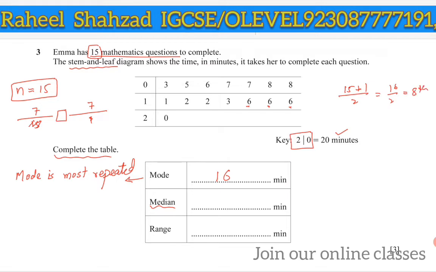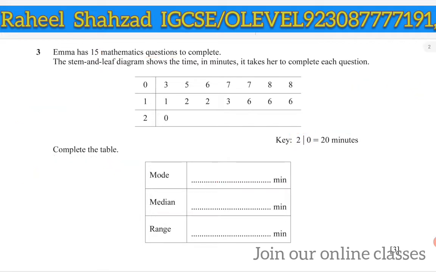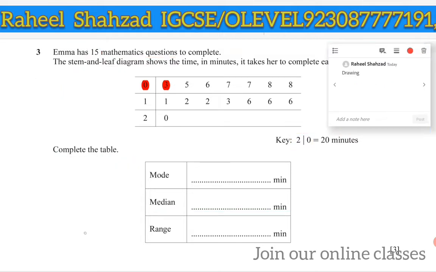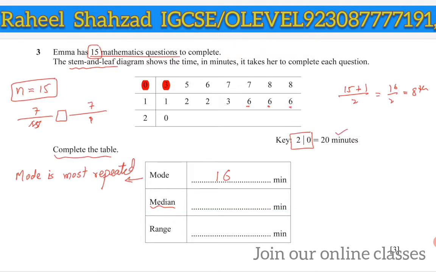Now the 8th value is my median, so you start counting from this point, 3 5 6. We need the 8th value, 1 2 3 4 5 6 7 and 8th, so the 8th value is 11 here, right?